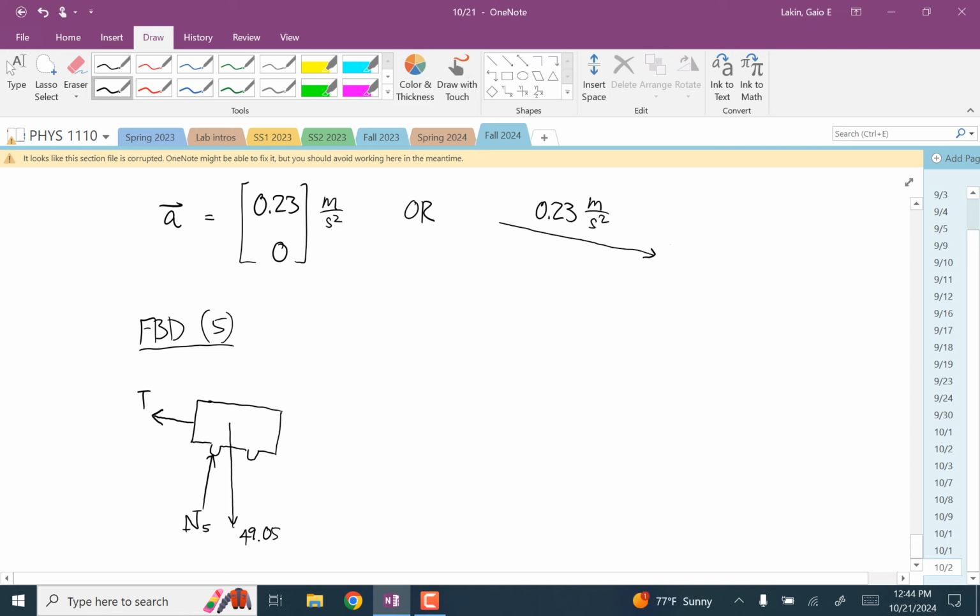We can use the same angle we did for the whole body. The ramp hasn't changed or anything. We're still using the same coordinate system.